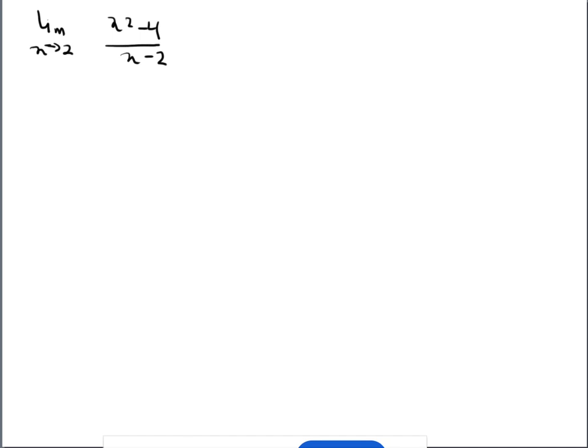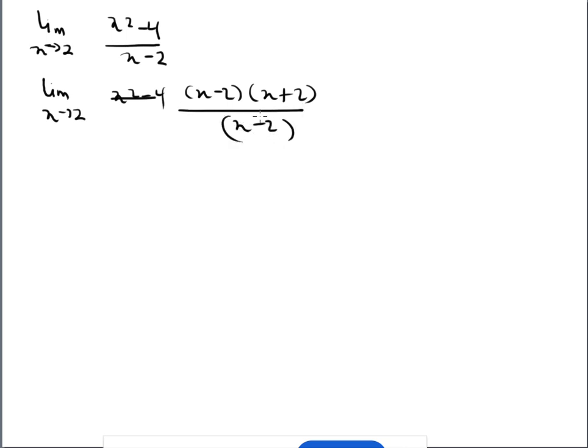Now with this we can obviously factorize. We can factorize x squared minus 4 as x minus 2 multiplied by x plus 2, all over x minus 2. So we can cancel out x minus 2 and we obtain the limit as x approaches 2 of x plus 2.